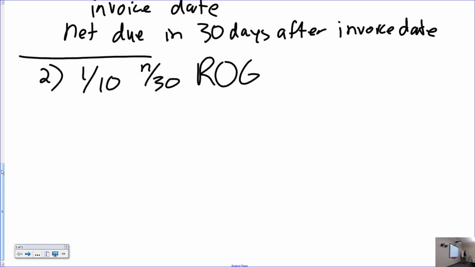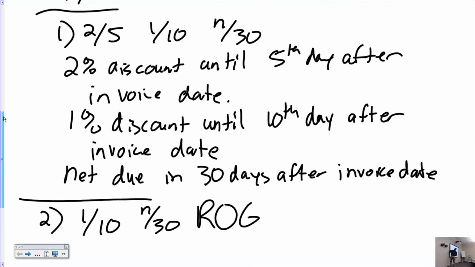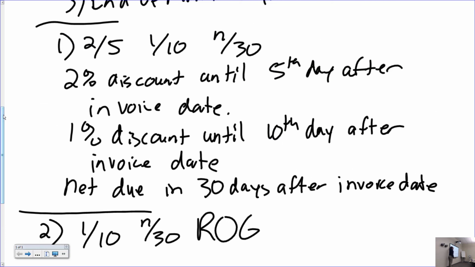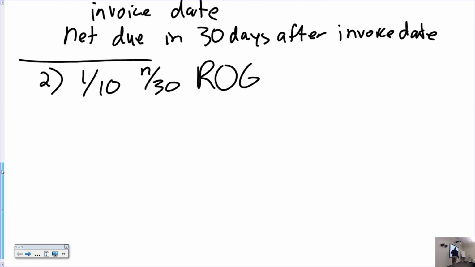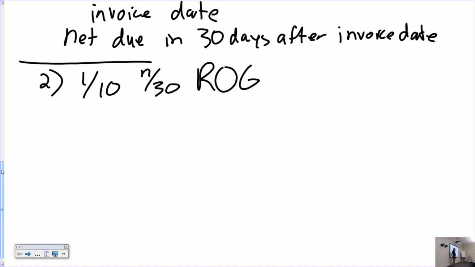This is the way terms will look when you use receipt of goods terms. Note the difference in the format, folks. If there's nothing at the end, your terms are standard. If you get this 3-letter acronym at the end of your terms, then your terms are receipt of goods terms instead of standard terms, okay?